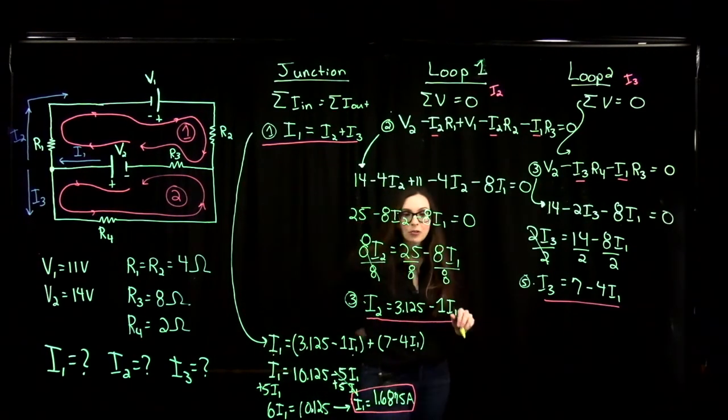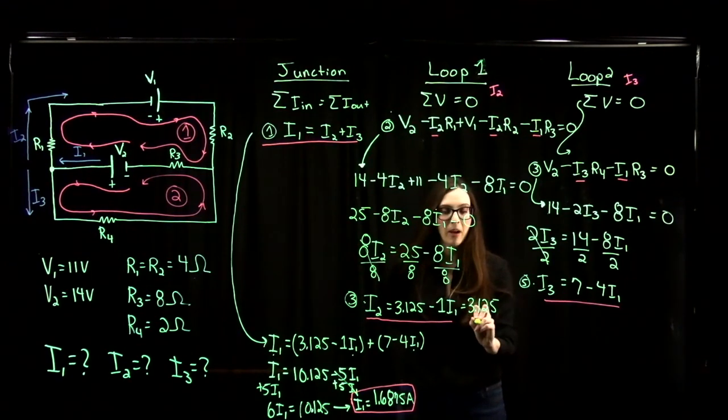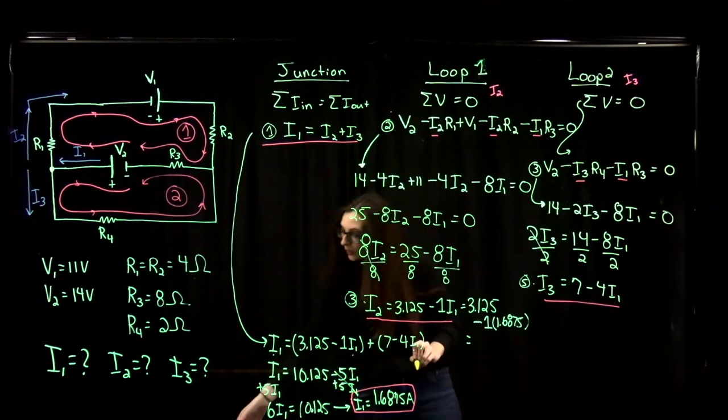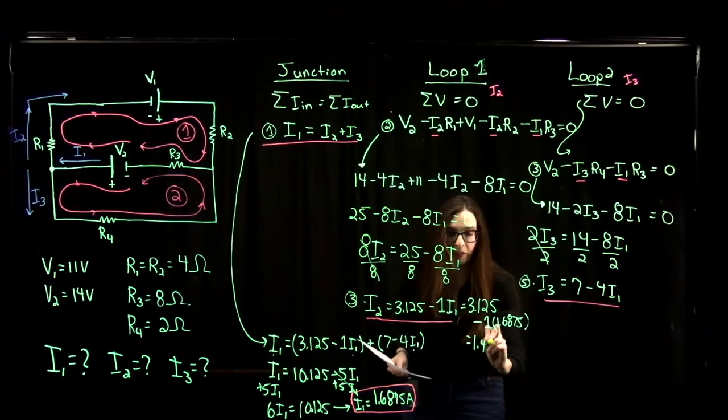So for I2 here, we've got 3.125 minus 1 times 1.6875. And that tells me that I2 is equal to 1.4375 amperes.